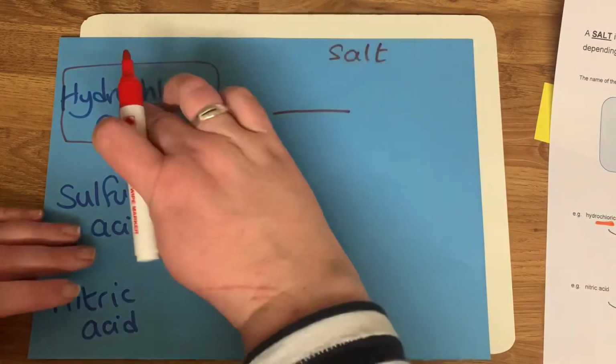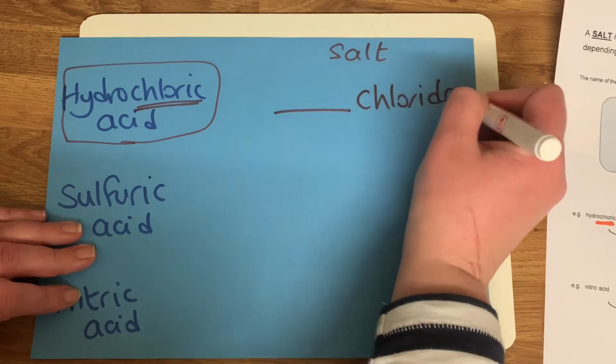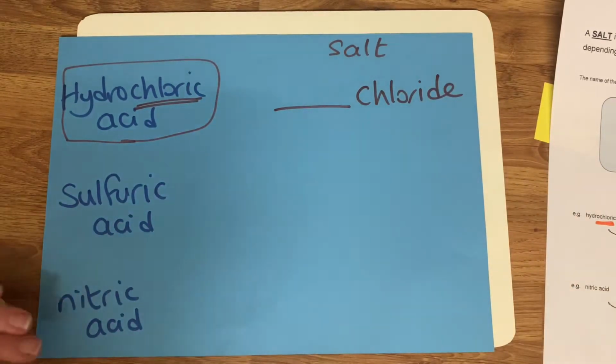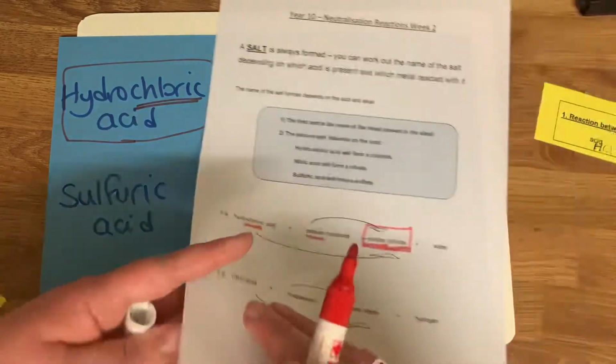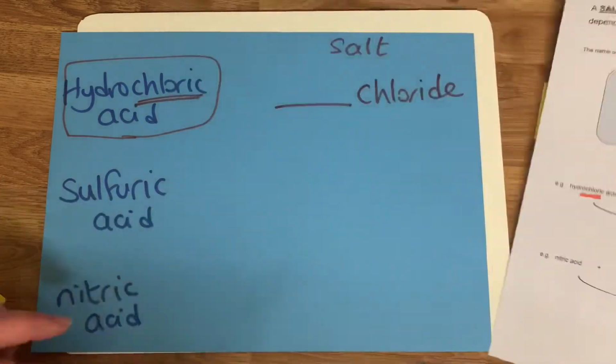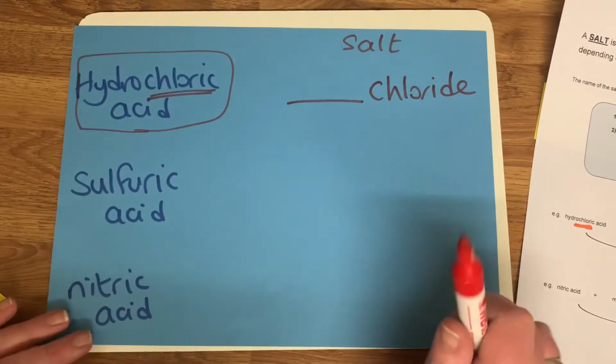So a salt formed from hydrochloric acid is something chloride, like sodium chloride or potassium chloride or magnesium chloride. So the first part of the name comes from the metal that's present, the second part comes from the acid. So if it's hydrochloric acid, the second part of the salt is called chloride.